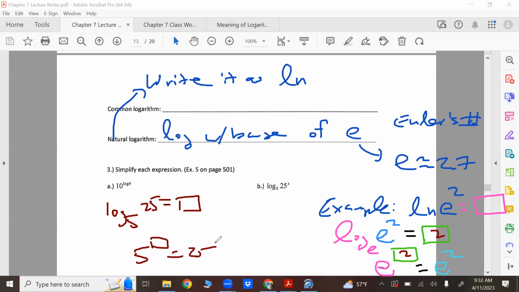Of course, that's 2, right? It's the same exact thing. What if I replace the 5 here with an e and replace the 25 with an e squared? Same exact thing, right? You get the same exact thing. The box would be a 2.